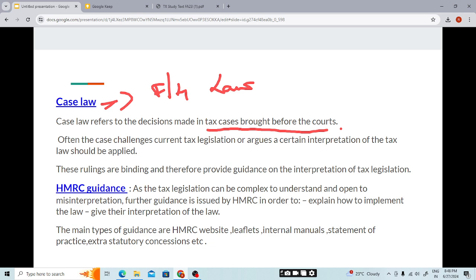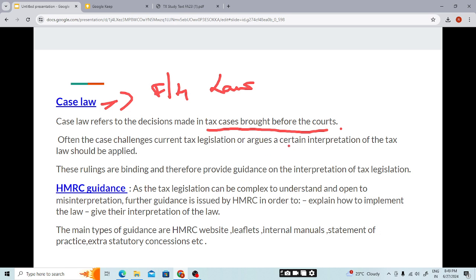They will say to the taxation people that you need to follow this. The meaning of this rule is this, you need to follow this much taxation rate on this much amount, and this transaction will be treated in this way. And further, if there is the same type of transaction, the same rules which the HMRC has specified, those rules apply.